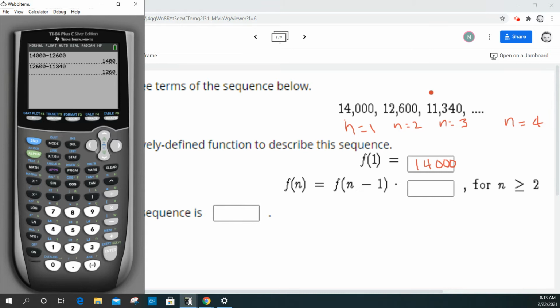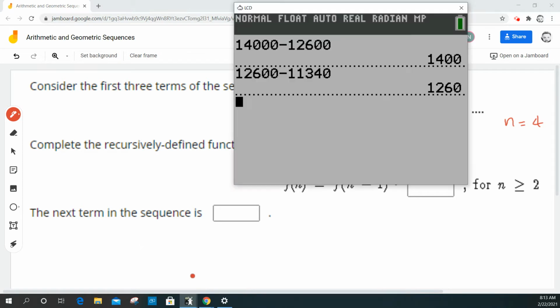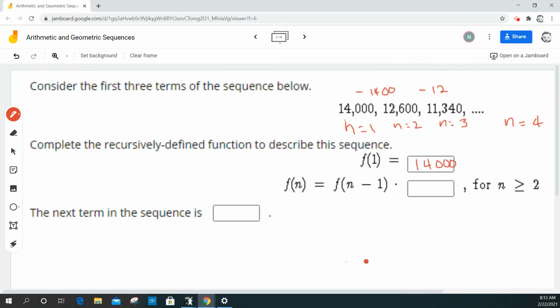So right away I realize it's not arithmetic. Why? Because here I subtract 1,400, right? And then here I subtract, what was it, 1,260 or something like that? Yeah. So because they're different numbers, there is no common difference.